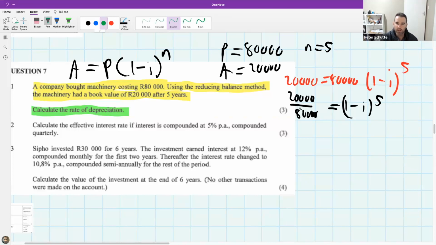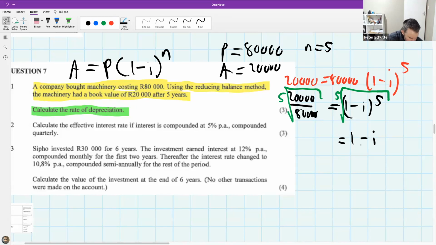So I'm going to do that same trick that I did before. And then I have to take the fifth root of this. And on this side, I'm going to get 1 minus I. And on the other side, I'm going to get something messy, I guess.